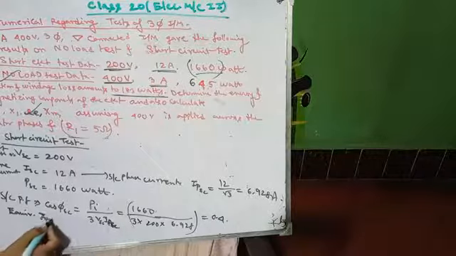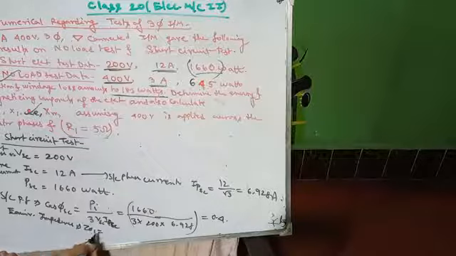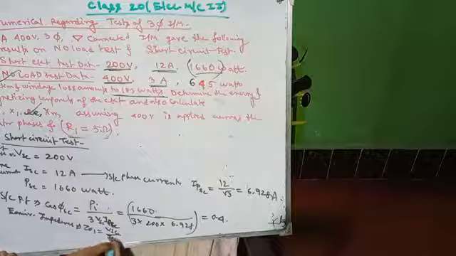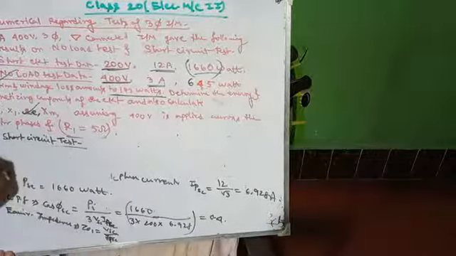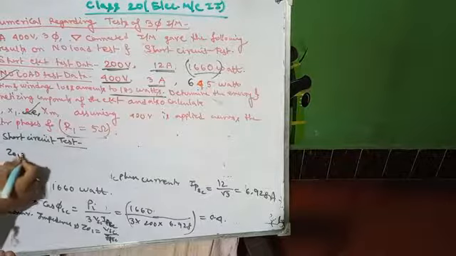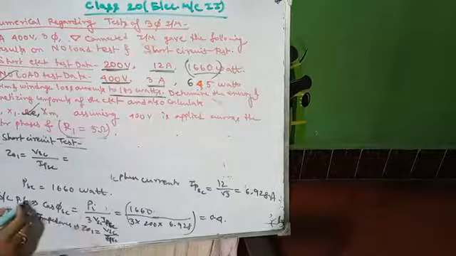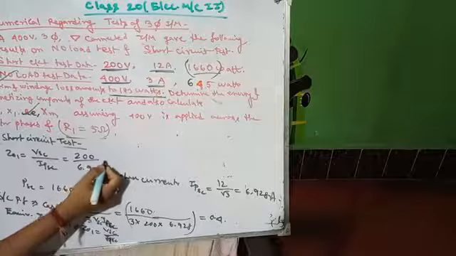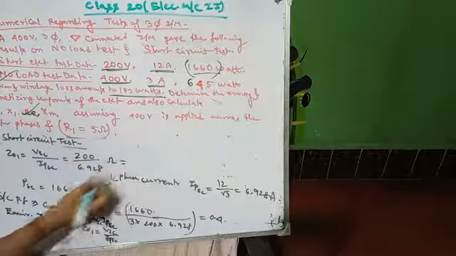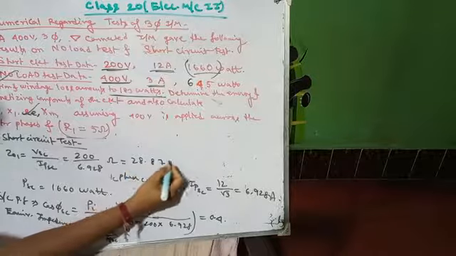Now Roman 2, that will be equivalent impedance. Z_01 will be equal to V_SC by I_PSC. V_SC equals 200 and I_PSC equals 6.928, so the answer will be 28.87 ohm.